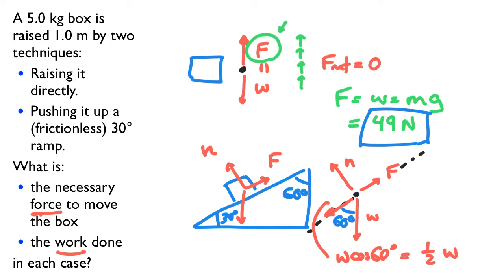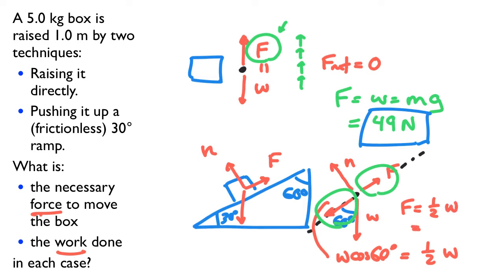Okay, so that's the force that I have to push with. Because think about this. I've got that force up the ramp, force F. My force down the ramp is just a component of the weight. That's just W times the cosine of 60. Those are the only forces along the ramp. The normal force is perpendicular. And so I can clearly say the force that I'm pushing up the ramp with is just equal to 1/2 times the weight force.